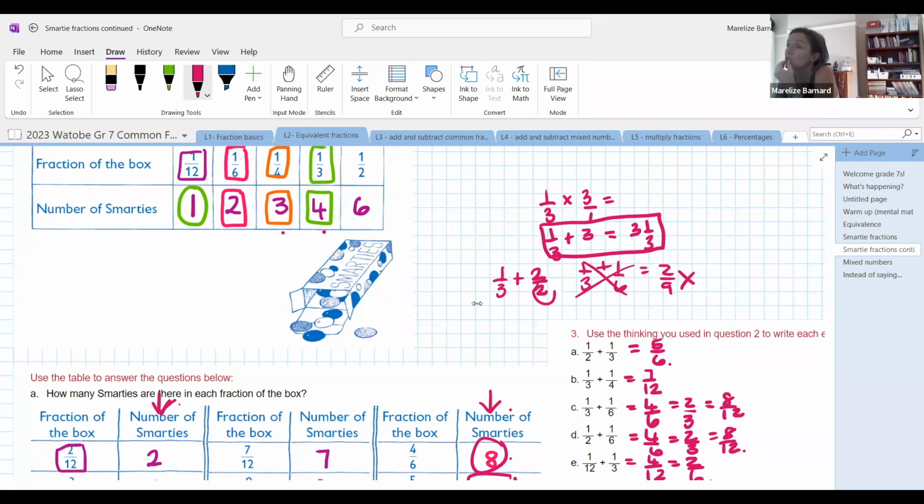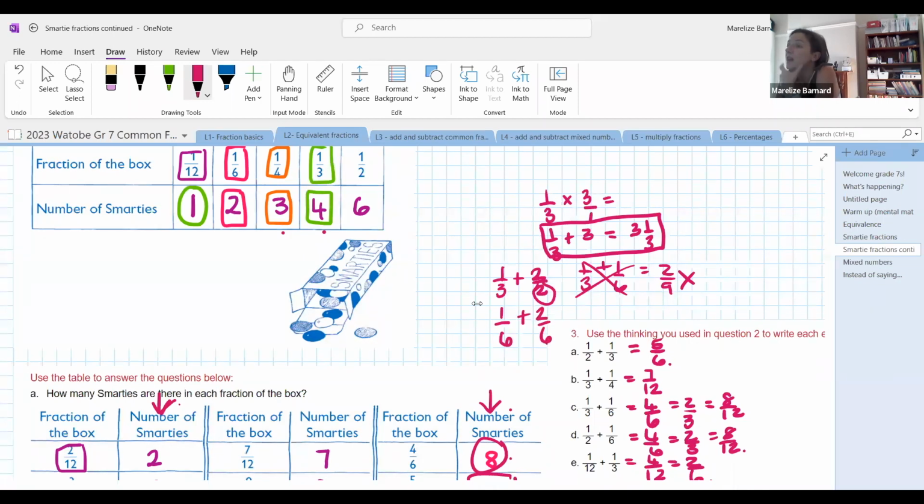And then I used the 2 and said 2 times 3, which will give me 6. Then the denominator is going to be the same. It's going to be 1/6 plus 2/6.